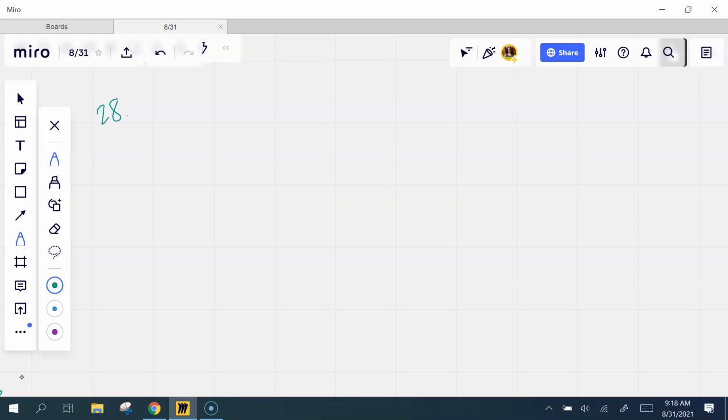I just want to walk you through how to approach these problems because, again, it's wordy, but what you have to do is not that bad. All right, so for 28, it says rocket launch.